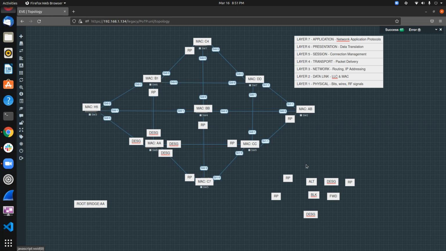So I went with the switch 7 interface facing switch 6 because of that. So B1 is lower than CC? Yes, I am sure of that.